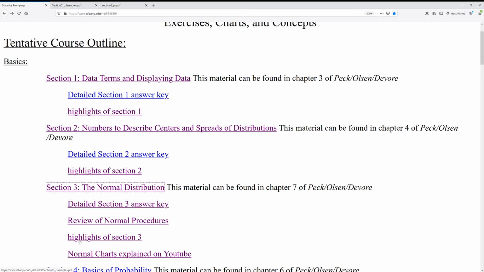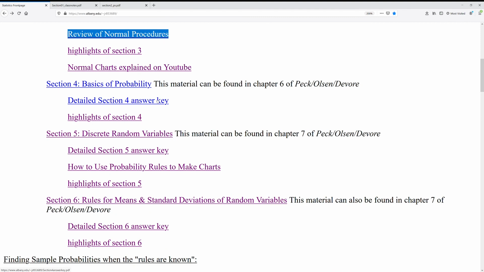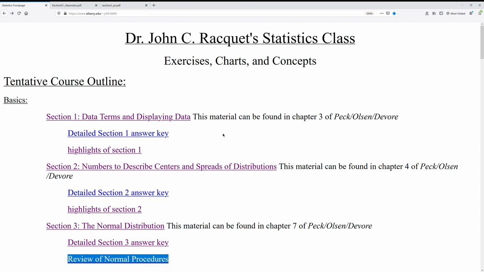In addition to the highlight section, there is an additional review of how to do things in a practical way. There's also some YouTube videos. I hope that link still works, but I'm afraid to check it out while I'm recording. So we'll talk about that next time. Section 3, very important section. From there, things take a bit of a turn, and we'll gradually pull it all together as we go. So that is Section 2 done.